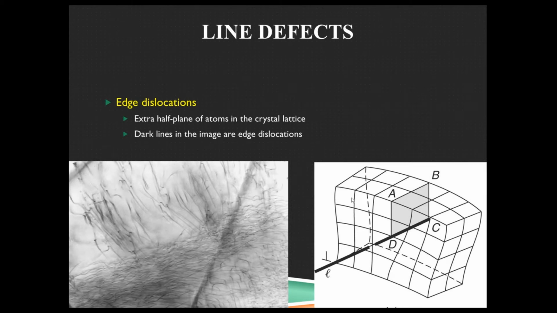Above it is a 2 by 6 grid. There's an extra half of a plane. There's an extra row in there. Right above that dark line, where it transitions from 6 to 5, there's a lot of strain. There's a whole line of defects.